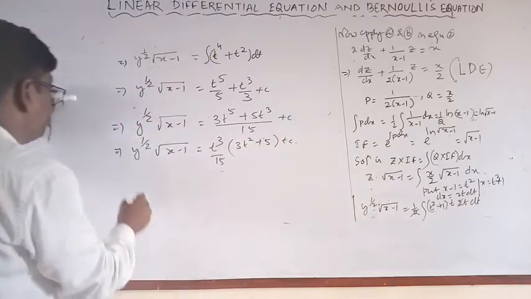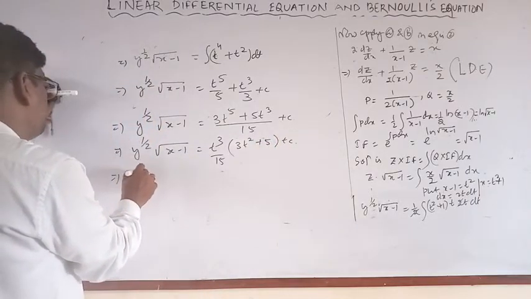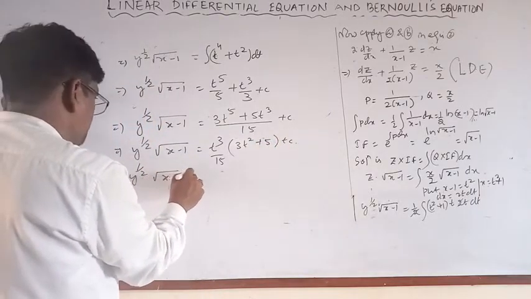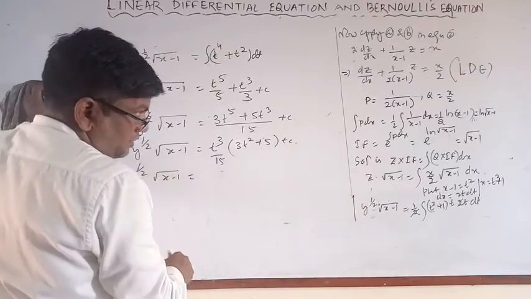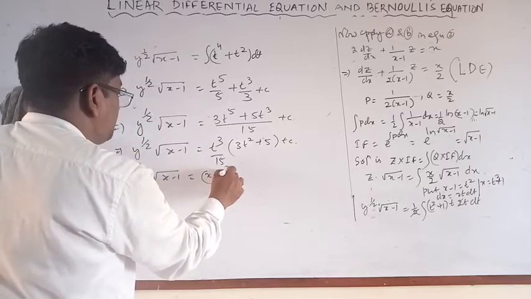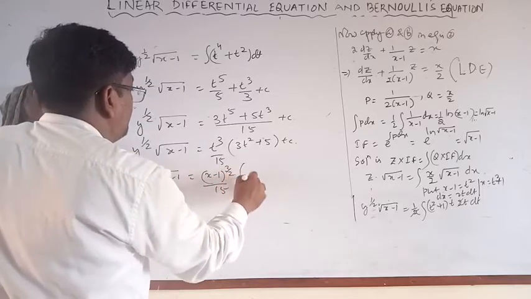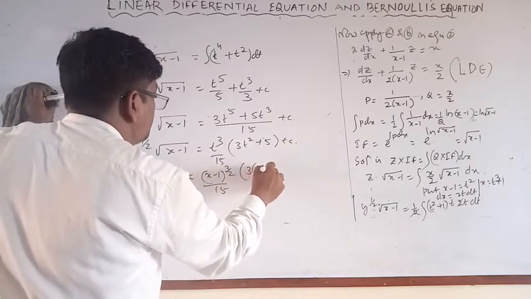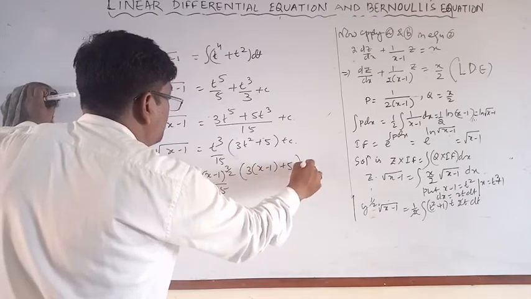Now putting the value of t, where t is root over x minus 1, t cube means x minus 1 to the power 3 by 2 divided by 15, into 3 into x minus 1 plus 5, plus c.